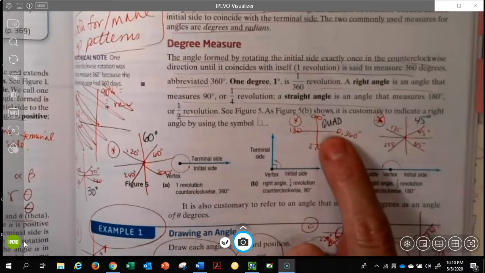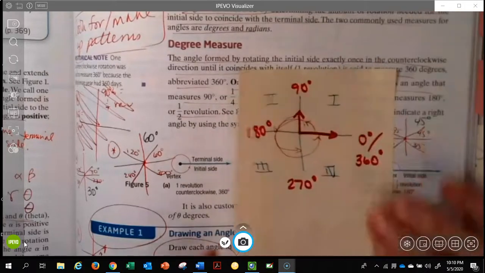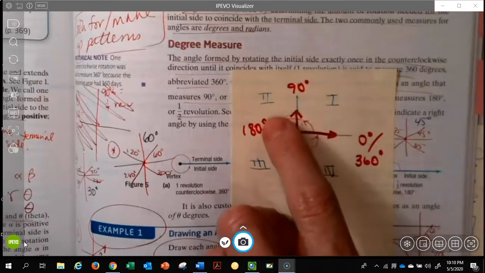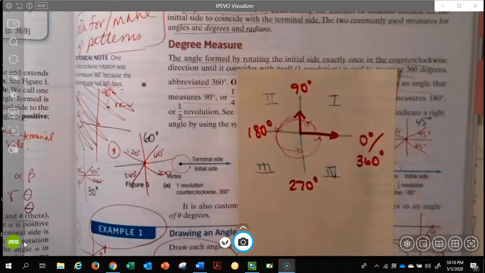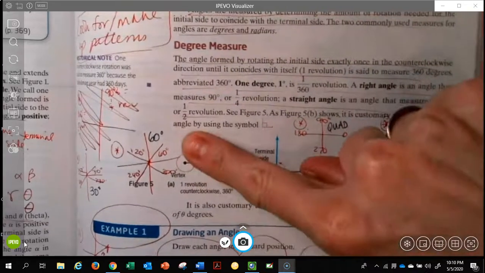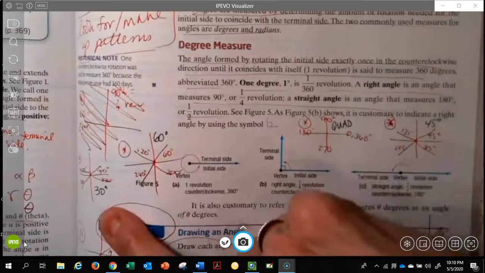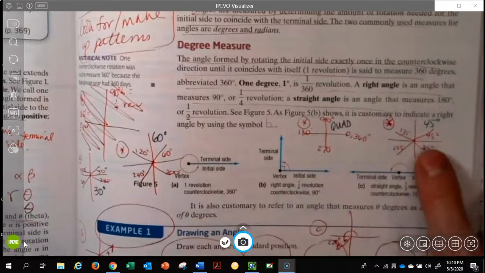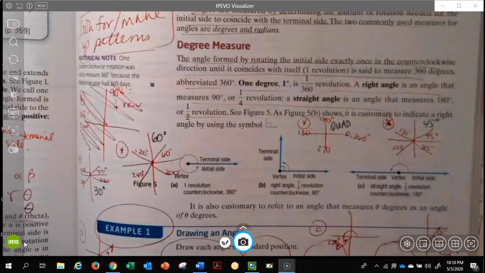This little piece I drew in here is a quadrantal angle, and that's what I was already messing around with. When we land on one of the axes, it's called quadrantal. But you notice I've got some more information going on. I'm calling these 60s, over here I'm calling these 30s, and I'm calling these 45s.